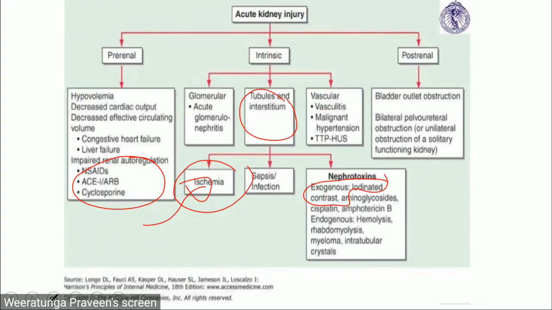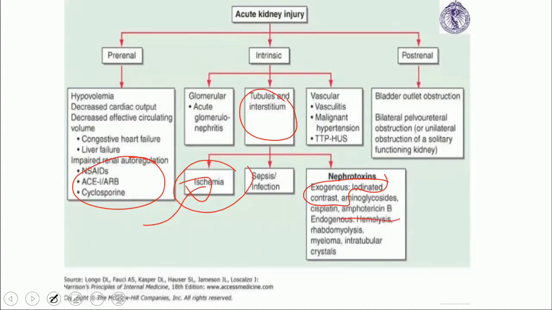Infection and sepsis also interfere with the renal tubules. And also there is a long list of nephrotoxic substances that can give rise to tubular toxicity. I just mentioned that contrast is one of these tubular toxins, and also there are various types of other medication like aminoglycoside antibiotics.